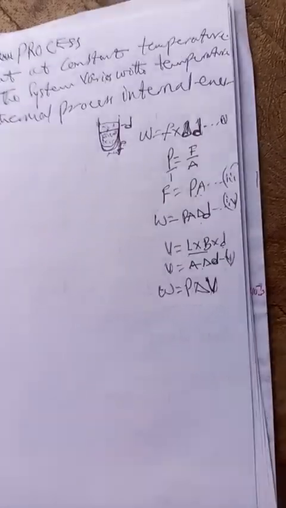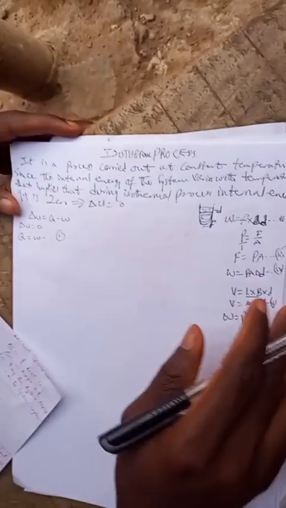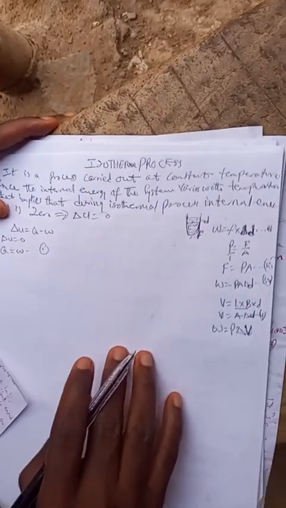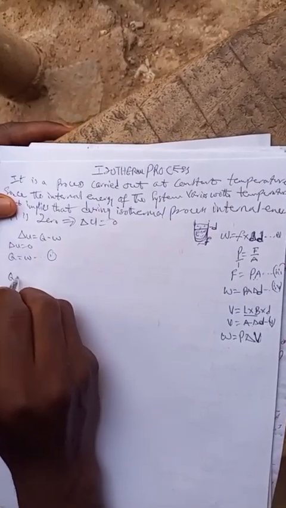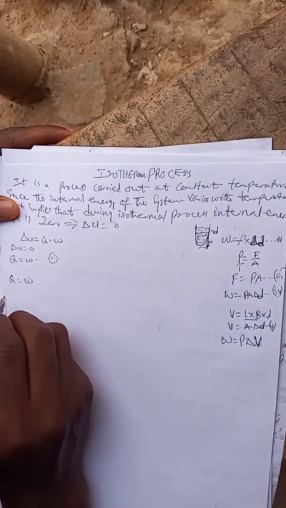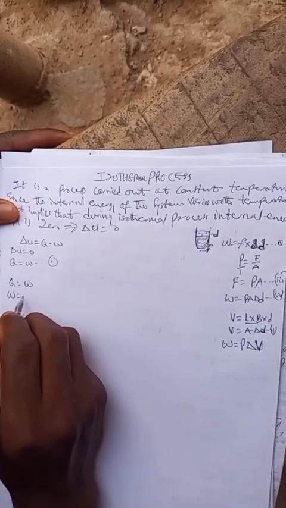Now, let's come back to the equation of the first law of thermodynamics that says Q is equal to W, or we say W is equal to Q. See, the same thing.